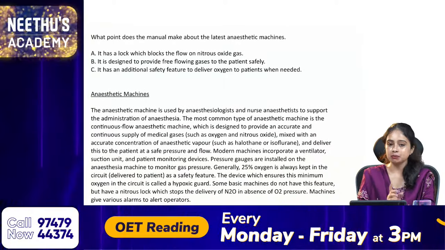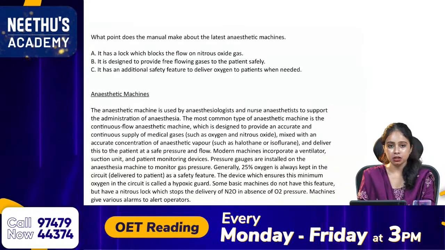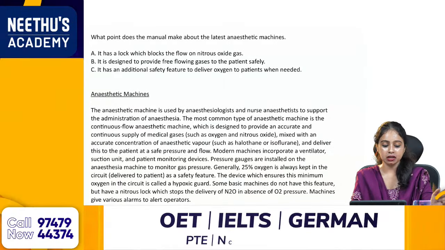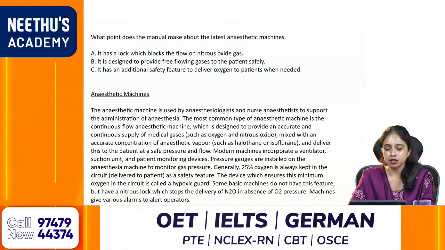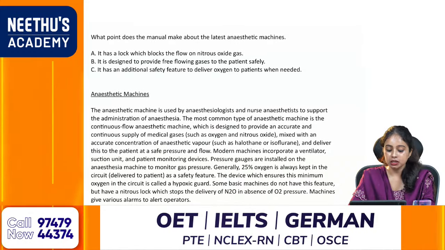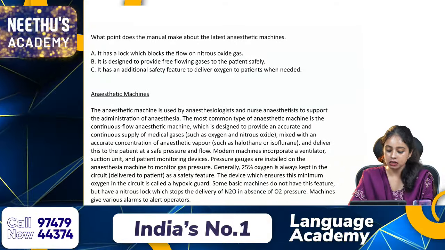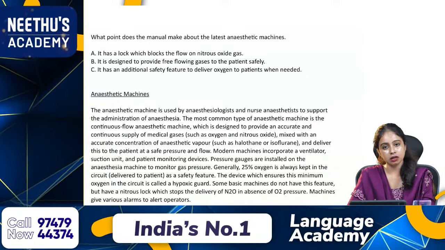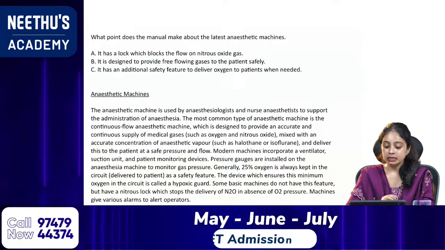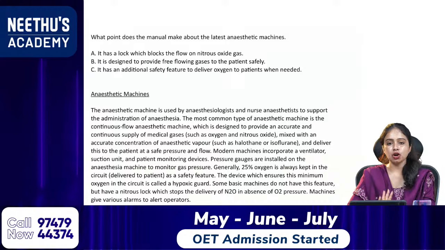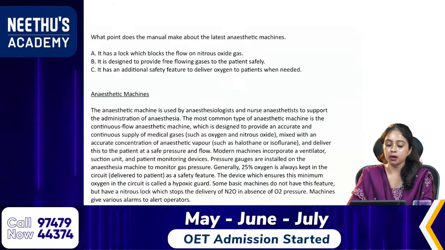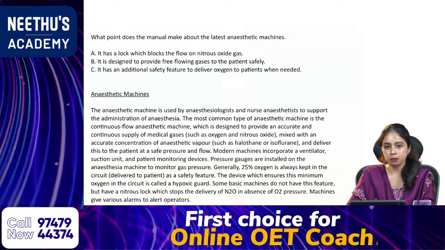So already you have marked some keywords from the options, right? Yes, additional safety. So what is additional safety? The device which ensures this minimum oxygen in the circuit is called a hypoxic guard. Some basic machines, the question is not about basic machines. The question is all about latest anesthetic machines.